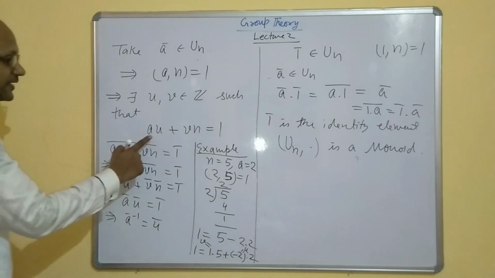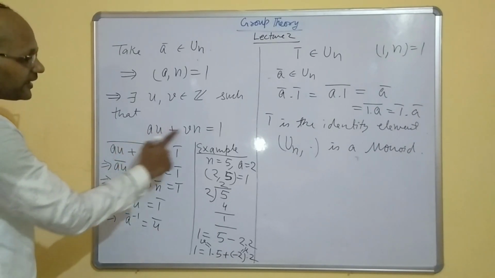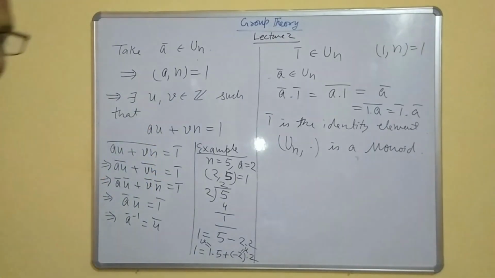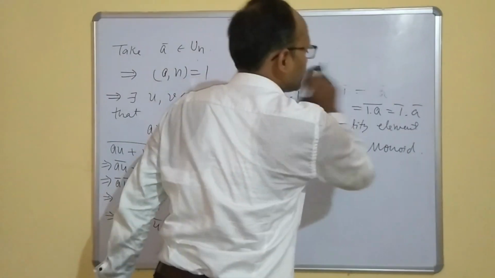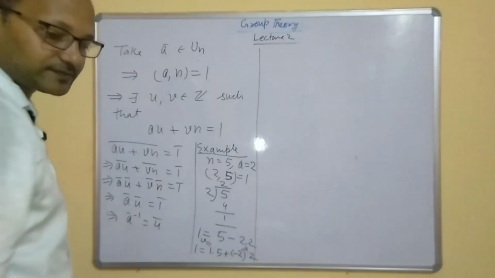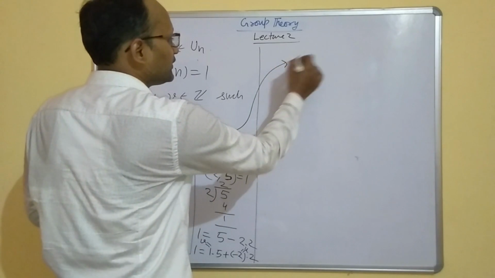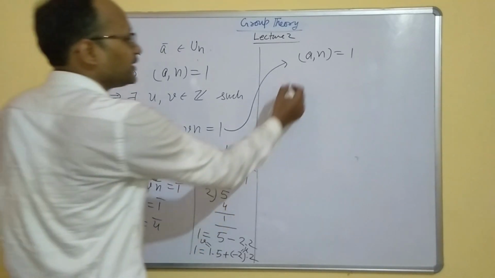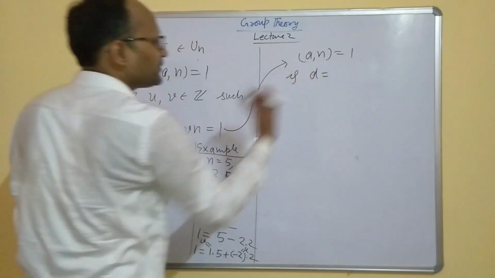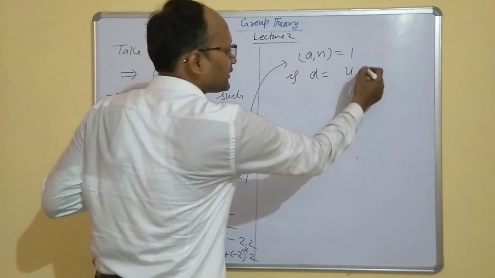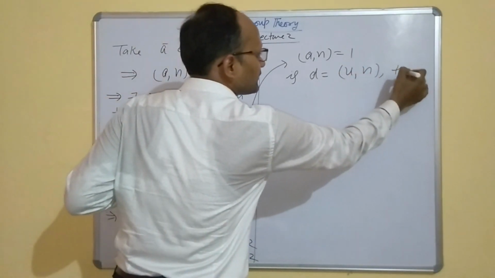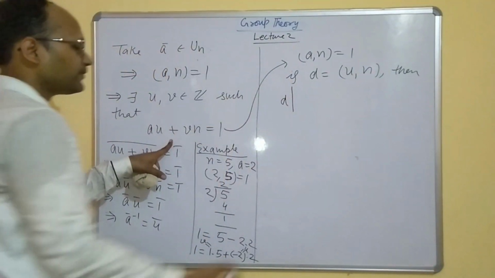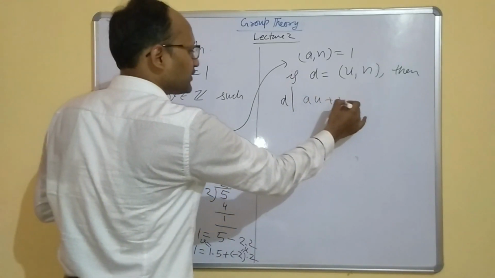So now we can see from here that the GCD between a and n is 1. Let us think: if d is a GCD between u and n, you can see that d will divide the left hand side, that is au plus vn.